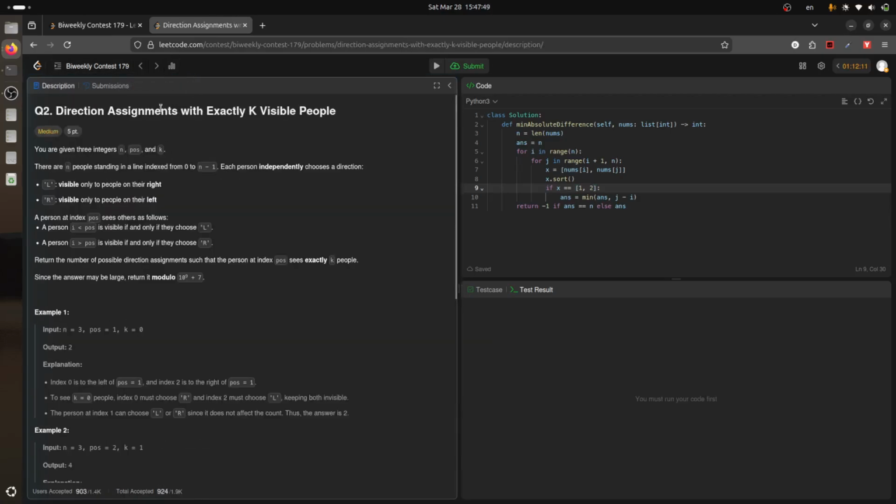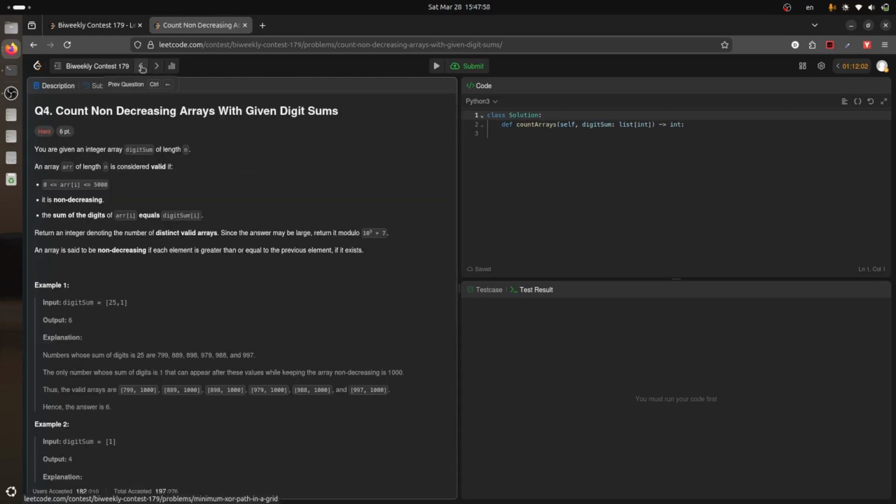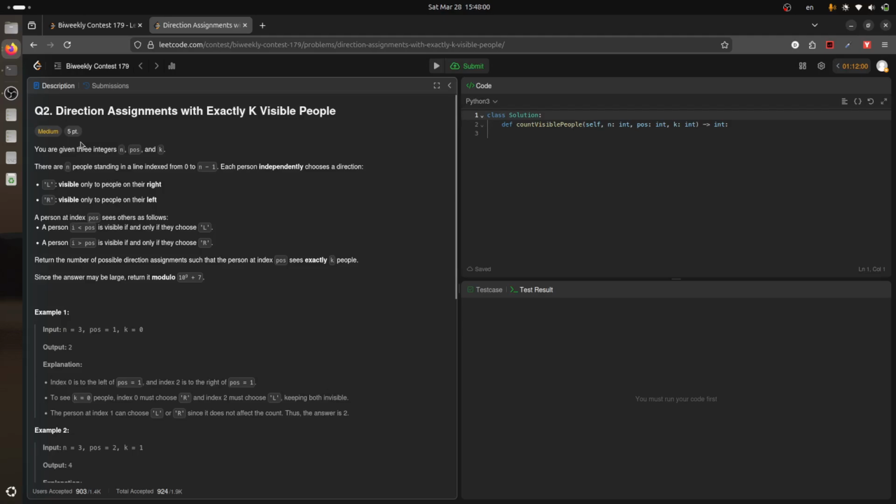Okay, next problem. Direction assignment. Oh, from 3 to 4 and another 4, then it's a 6 digit sum. Okay, that's gonna be pain. Direction assignments with exactly k people visible. You are given 3 integers, n, pos, and k. There are n people in line, each person chooses a direction.